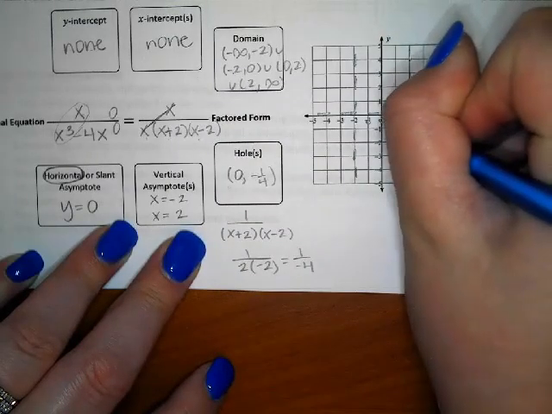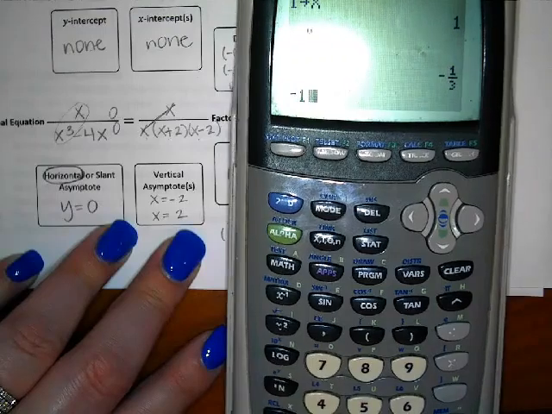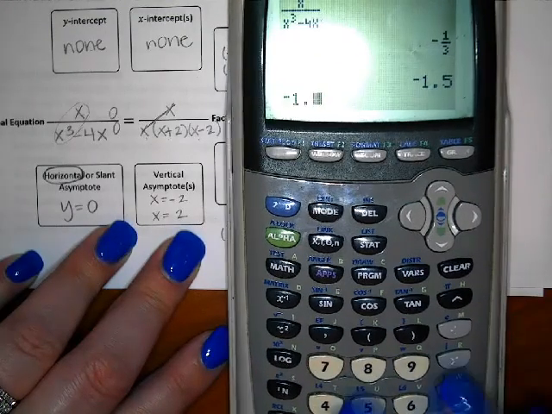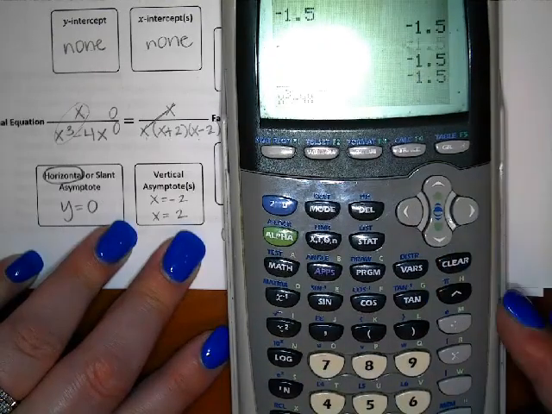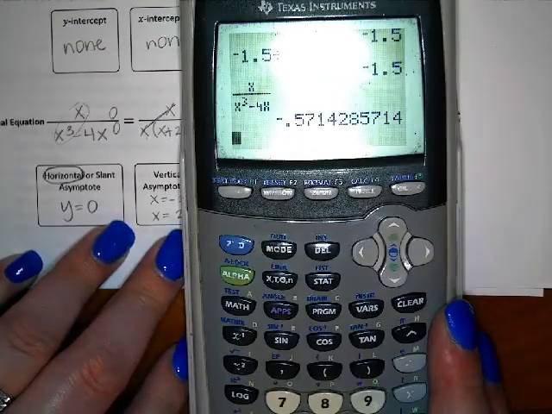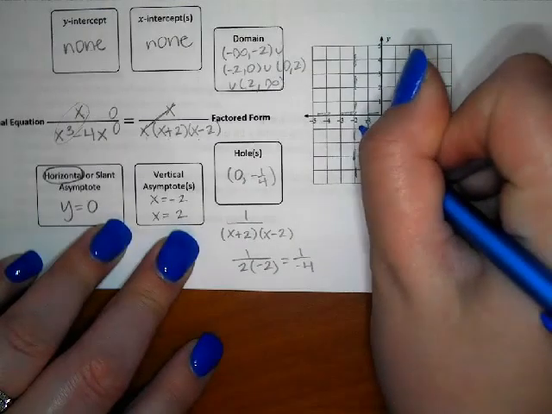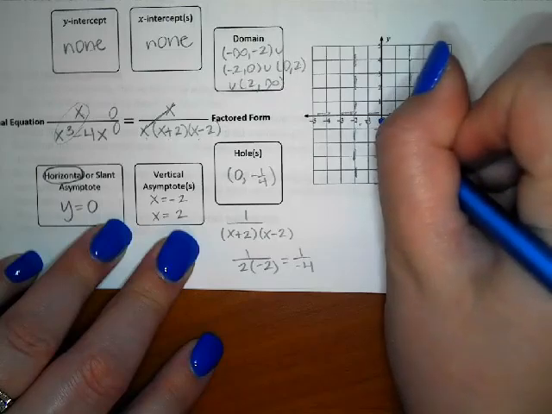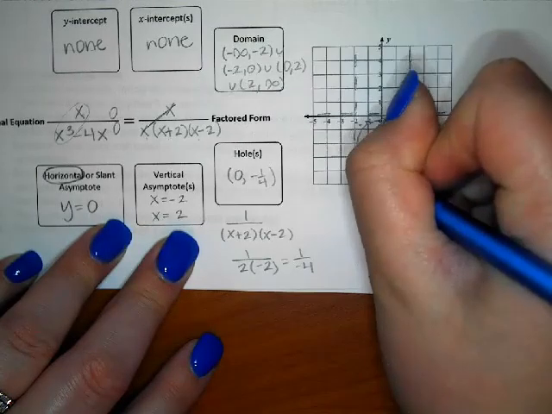I could do -1.5. -0.6. So it looks like it's going down, and then, I didn't hit that point at all, but it's going to go down and then follow the asymptote like this.